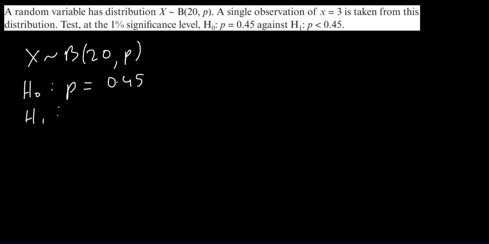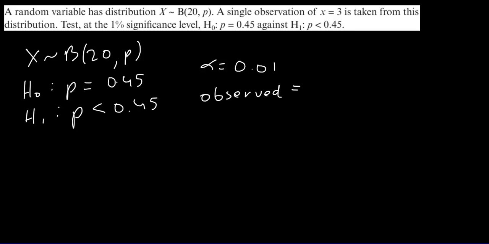Our H1 is that p is less than 0.45. Our significance level now is 1%, so 0.01, and our observed number of successes is equal to 3. Because H1 is less than, we're going to work out the probability that x is less than or equal to our observed value of 3.